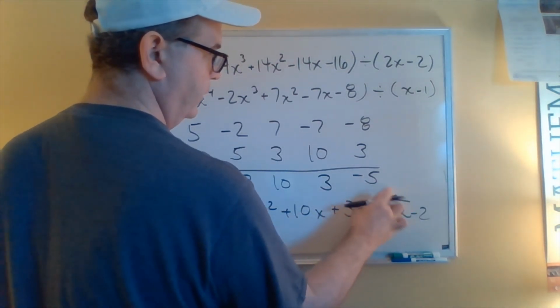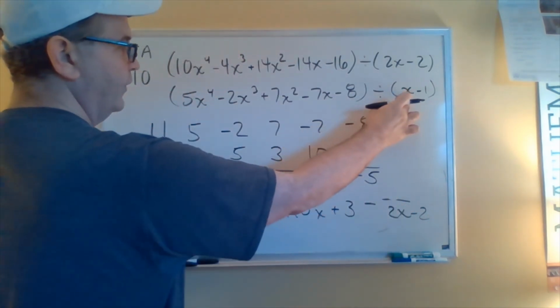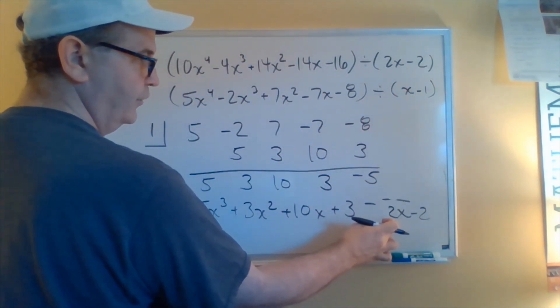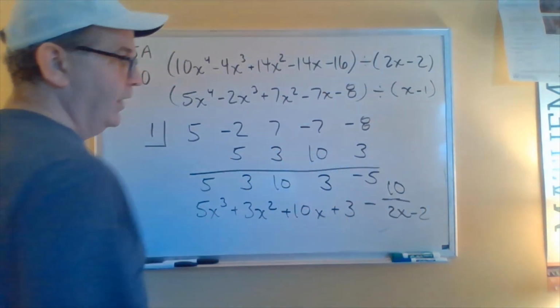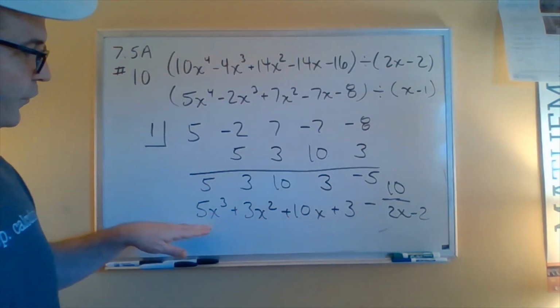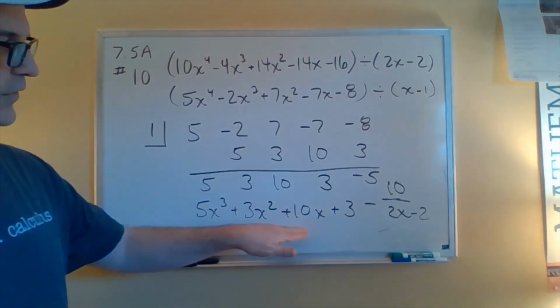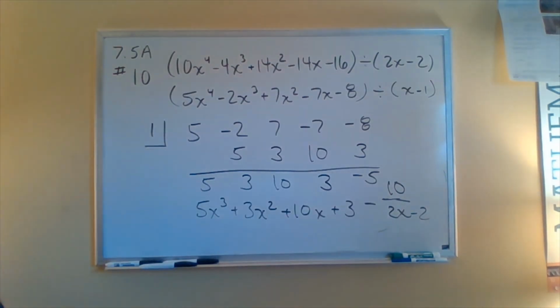actually, I need to put, if I am putting my original, I'm not putting my divisor of x minus 1. If I'm putting that back in 2x minus 2, then I would actually have to multiply my numerator by 2. Sorry, caught that at the very end. So it's 5x cubed plus 3x squared plus 10x plus 3 minus 10 over 2x minus 2.